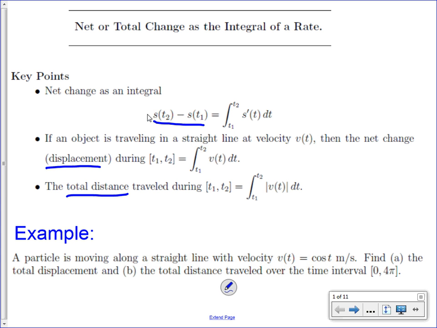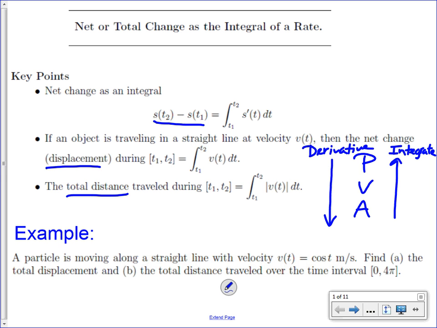And it's not a bad idea when you're thinking about motion to remember PVA: position, velocity, acceleration. If you're finding a derivative, then you're working down, and integration is going to reverse that. So you're going to work back up.